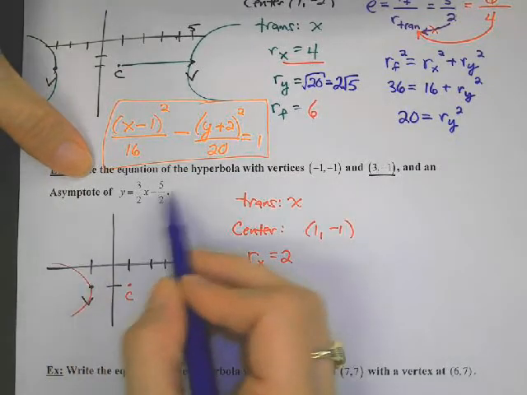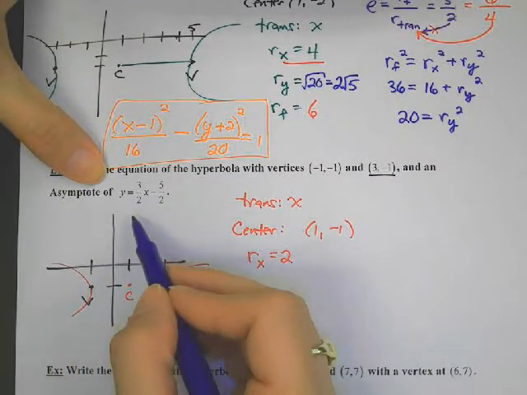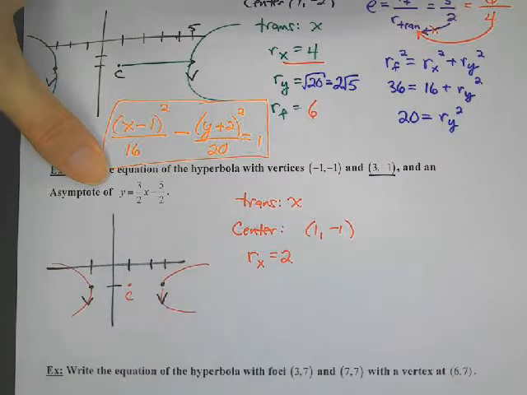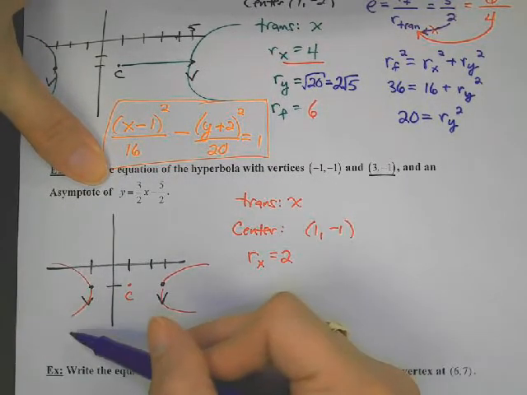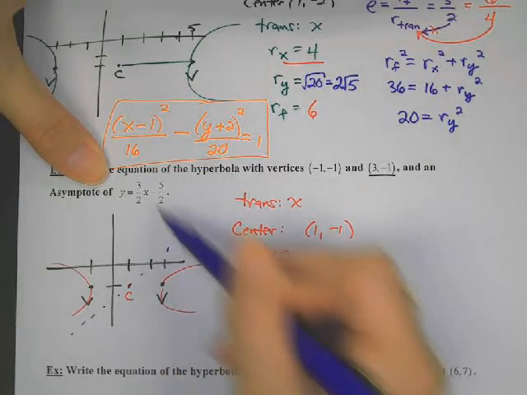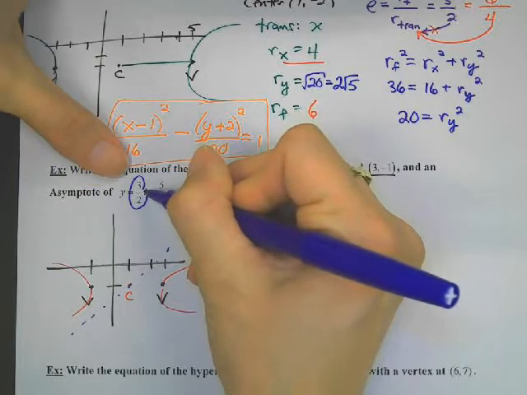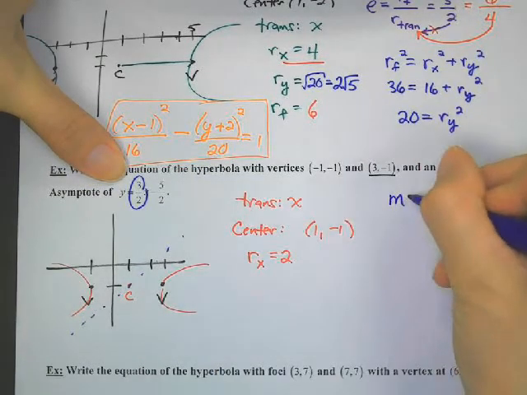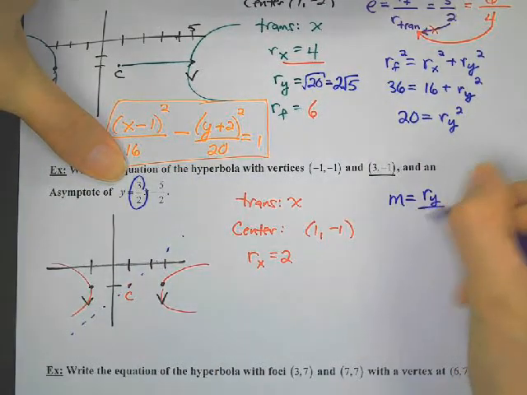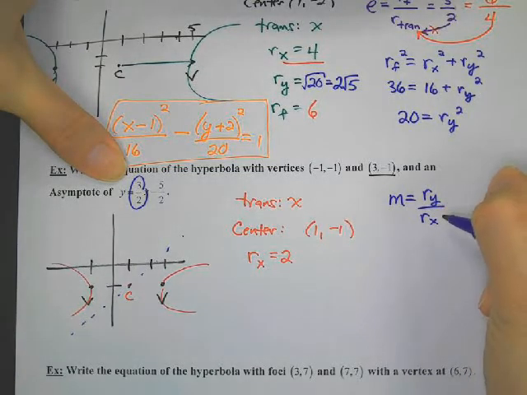It has an asymptote. Do you know what the useful information is there with the asymptote? Because I know that the asymptote's going like this, going through the center, okay? But the important fact is right here with the slope. Remember, slope is r sub y over r sub x.